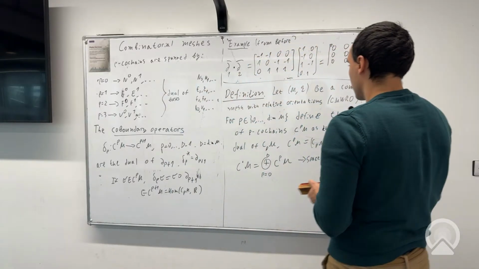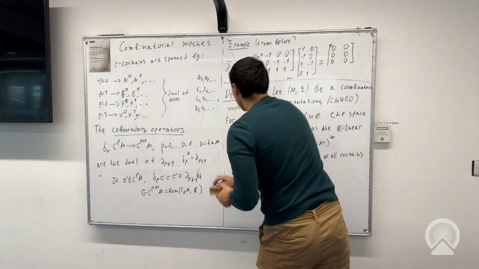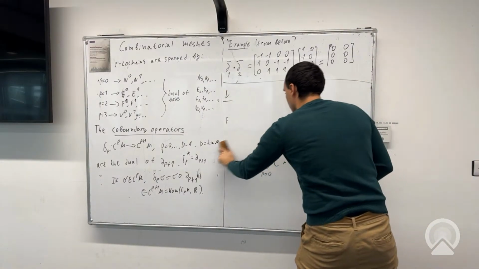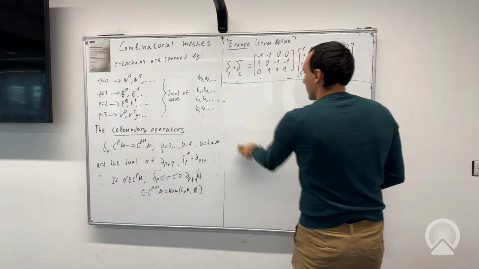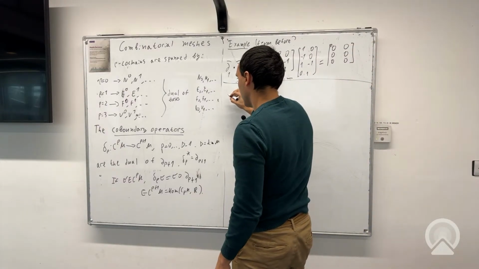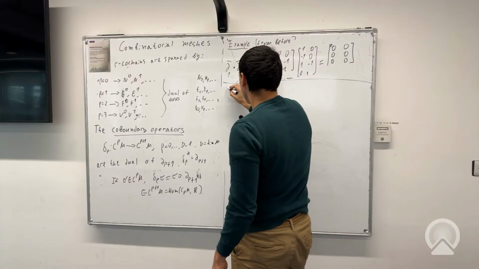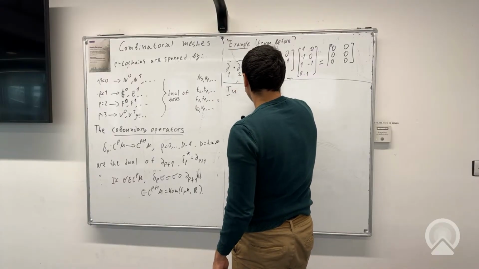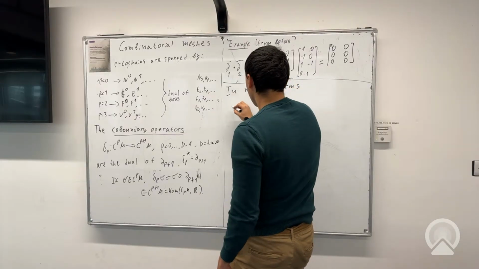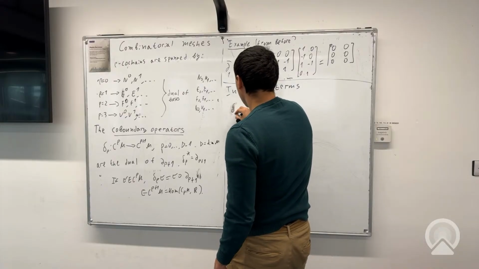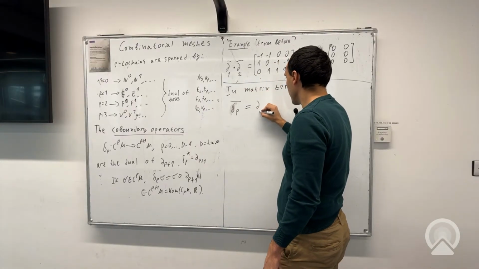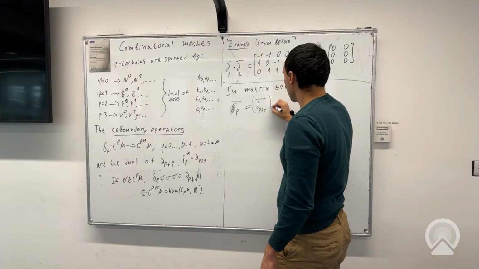And in matrix terms, the matrix of delta_p is the transpose of the matrix of d_{p+1}. So it is the transpose of this matrix.